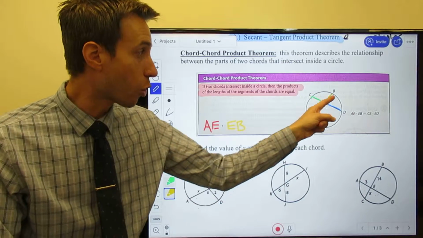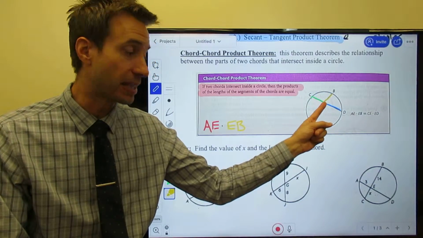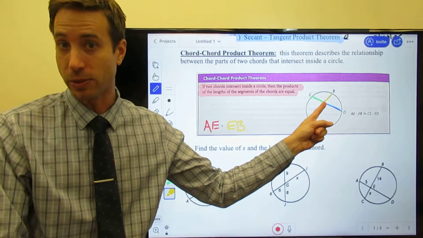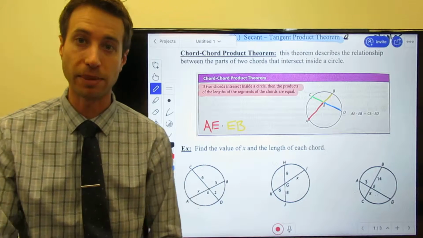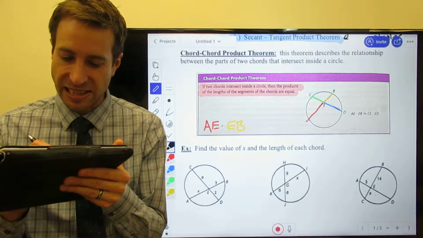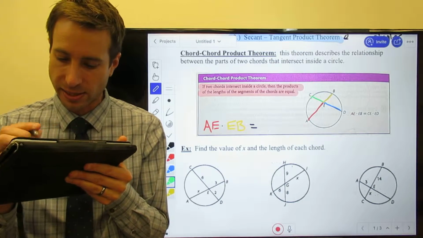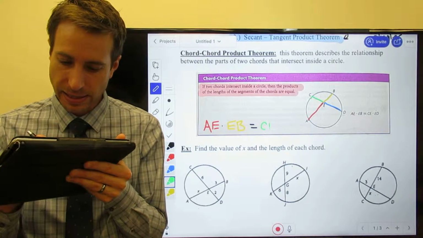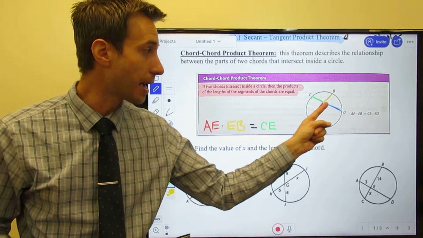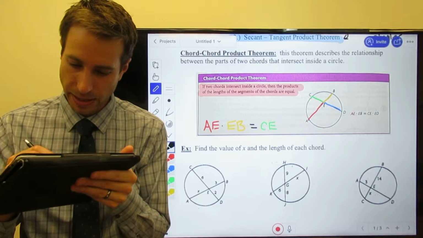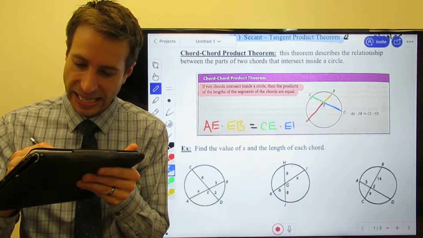So this chord, AB, gets split into two segments because of that point of intersection. So take the two segments, AE and EB, and multiply them together. The theorem says that must be equal to segment CE multiplied by ED. Again, not that terribly tricky an idea.